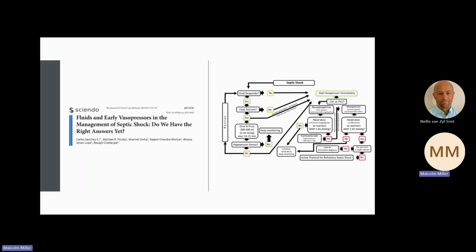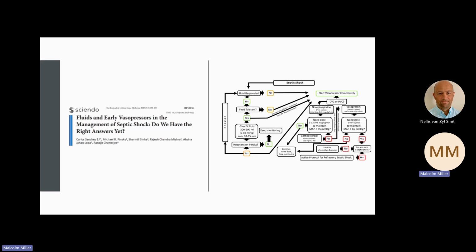There's still a lot of data that we need to see accumulated to support the outcome benefit of using second-line vasopressors, and I think that hasn't been shown yet, but it's certainly an important consideration, and I think something that is going to change the hemodynamic resuscitation of patients with septic shock.